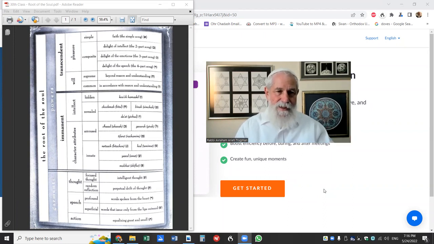So we're going to start with the powers, and we'll see that there are two types of powers of the soul. There are transcendental powers of the soul, and there are what's called immanent powers of the soul.